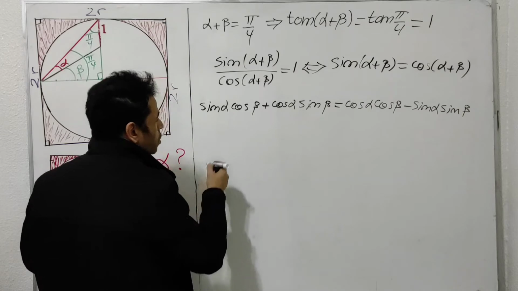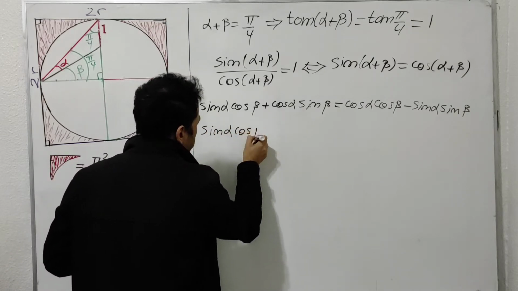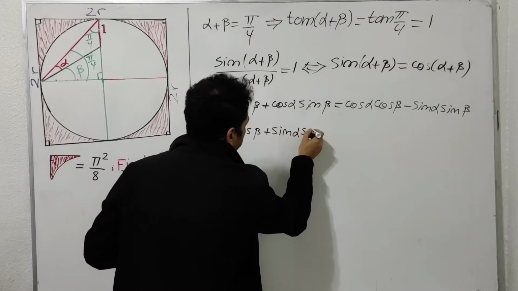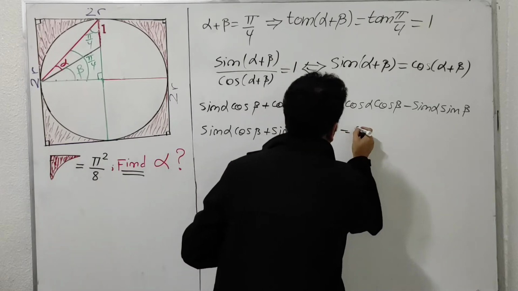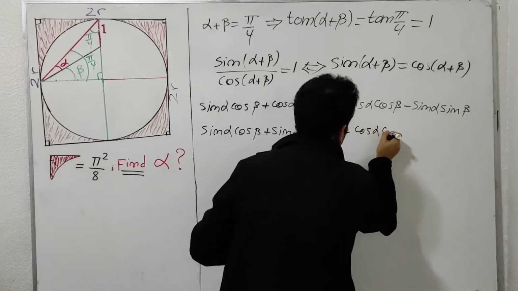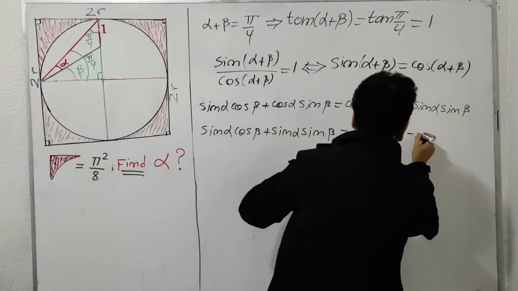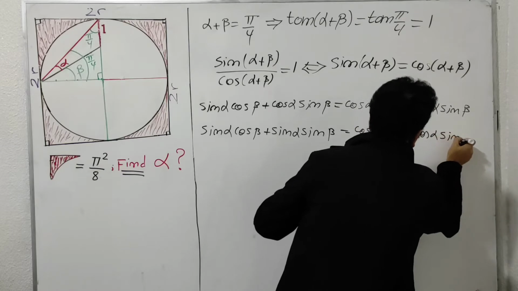So I will get sine alpha multiplied by cosine beta plus sine alpha multiplied by sine beta equals cosine alpha multiplied by cosine beta minus cosine alpha multiplied by sine beta.